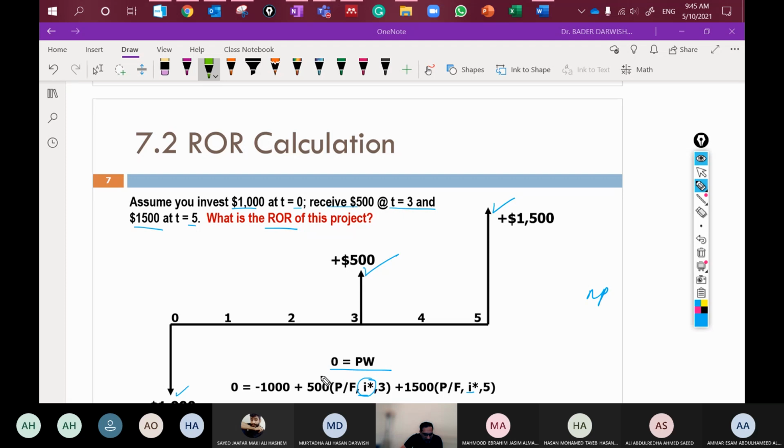Years 3, 5. So the only way I can do it, if it is distributed as different single amounts, is using a cash button.